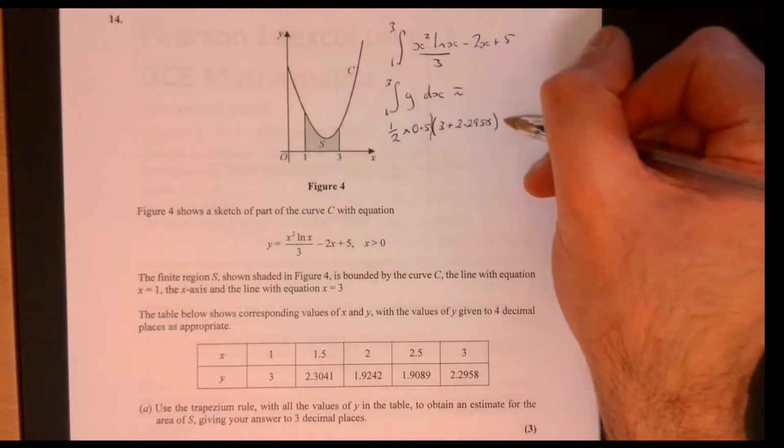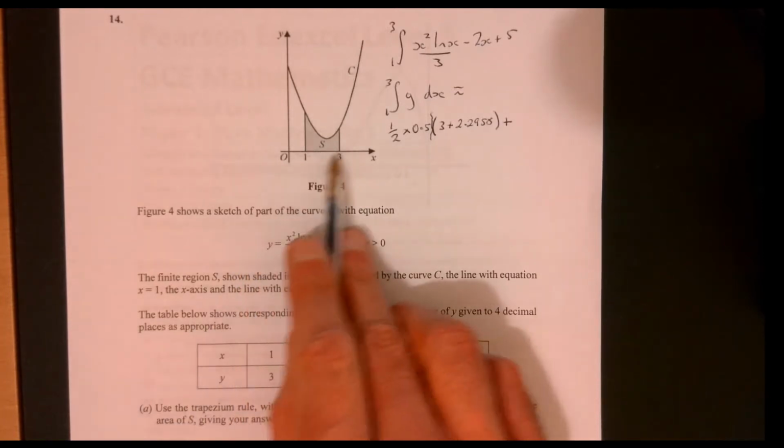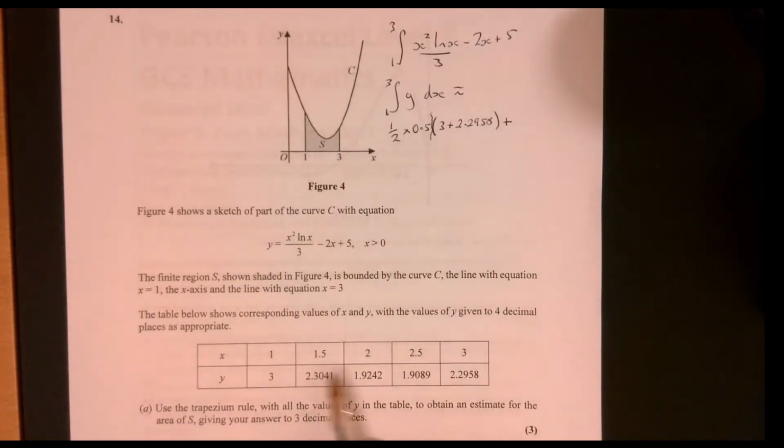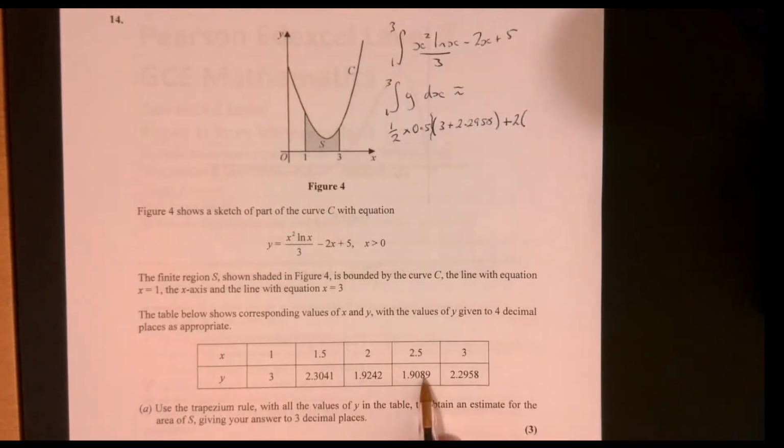And then we need to add to that 2 lots of the parts in here. The trapezium rule is just made up of lots of trapeziums underneath, so you're going to get 2 of these. So we're going to get 2 multiplied by these numbers added together.